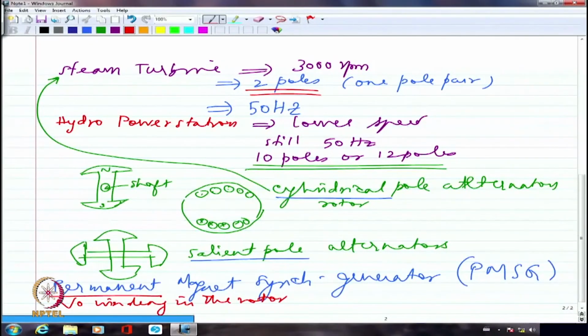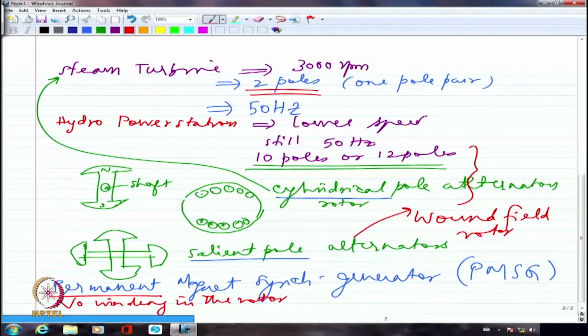But this definitely has disadvantages as well. One of the major disadvantages is, in cylindrical pole or salient pole, I am actually injecting a DC current and I am making the magnet. The magnetic field strength can be varied in the case of cylindrical pole as well as salient pole alternator. In general, I can call both these together a wound field rotor, which means I am going to have field winding.